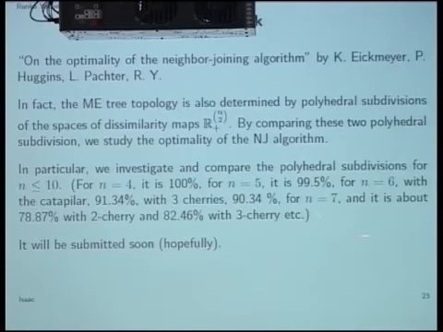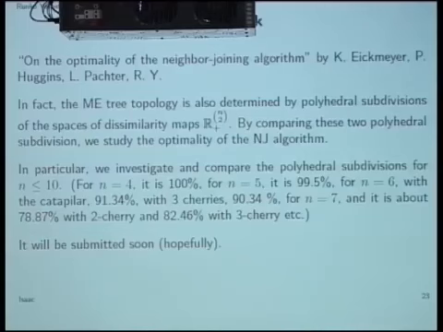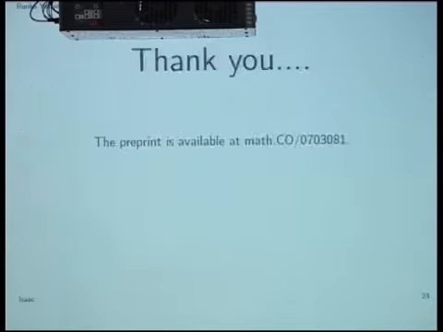For n equal 7, it's about 78.87% for 2 cherries, and 82.746% for 3 cherries. You notice that it's dramatically decreasing. I know that n equal 8 I just didn't have time or space to write down, but it's about 70% overall. Hopefully it will be submitted somewhere soon. Thank you so much for your attention.